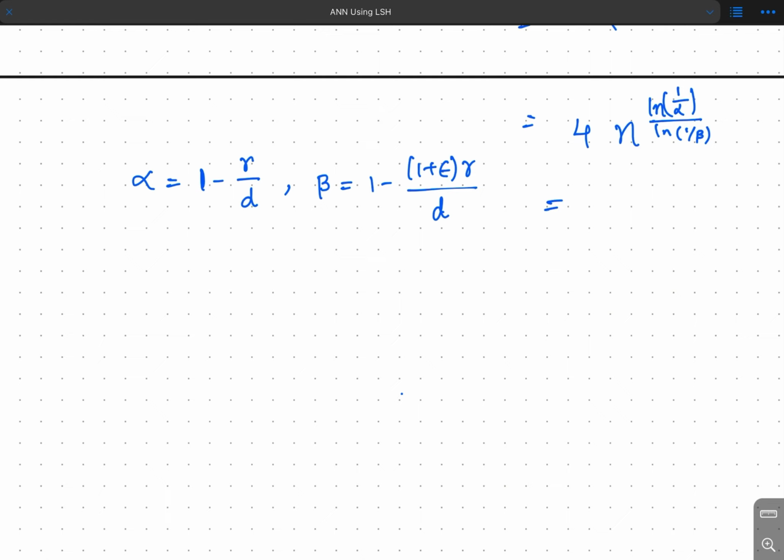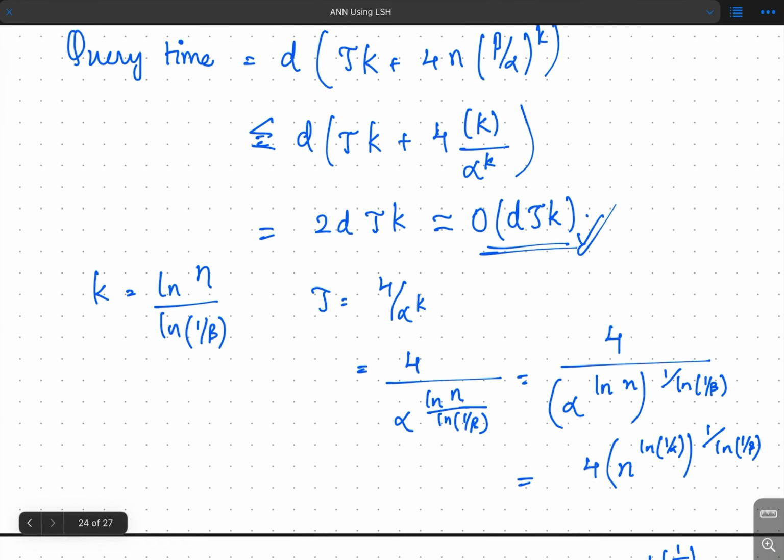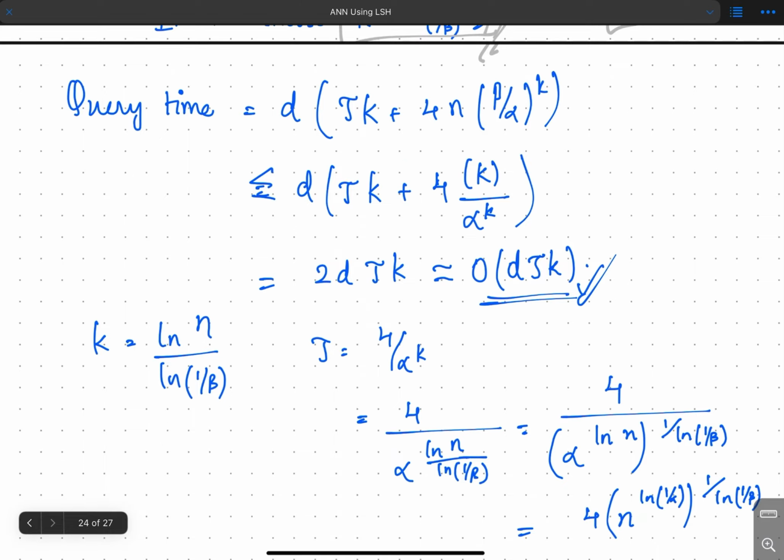So this is going to be our tau. The query time, like we argued, is 2d tau k.